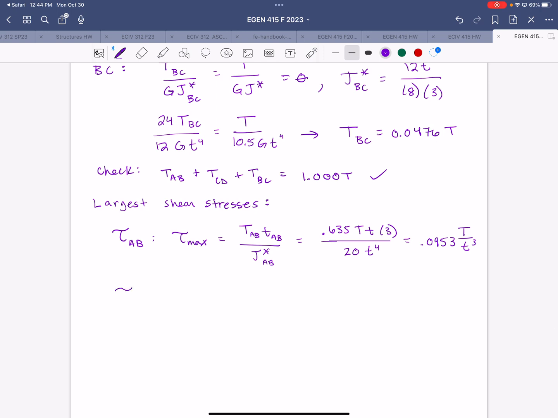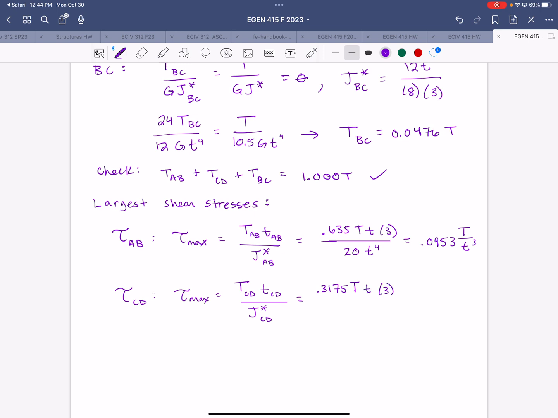And then in the other flange, CD, we're going to use the torque in CD times the thickness of CD divided by J star of CD. So we had 0.3175 times the total torque for that.